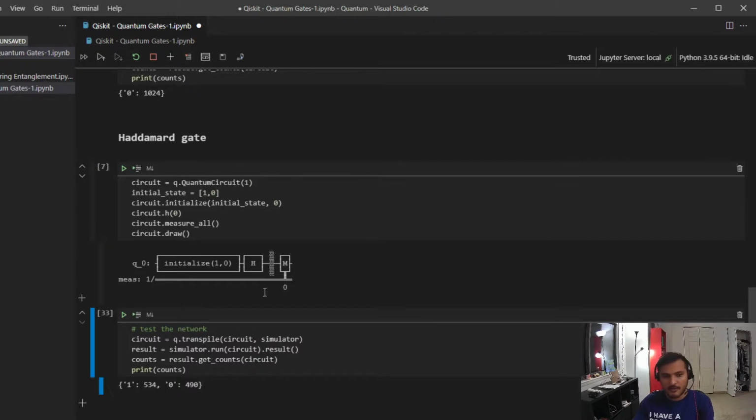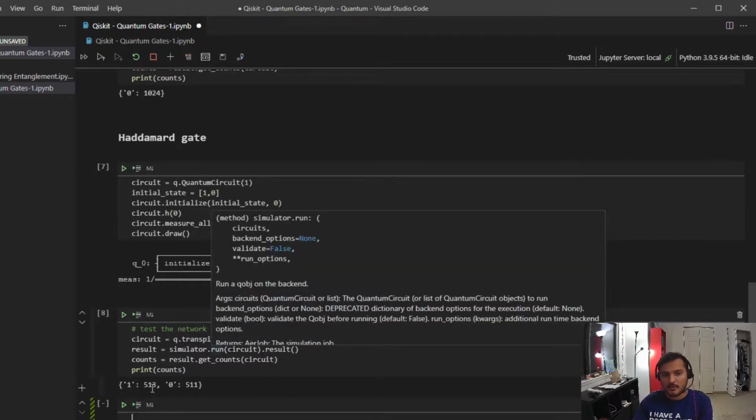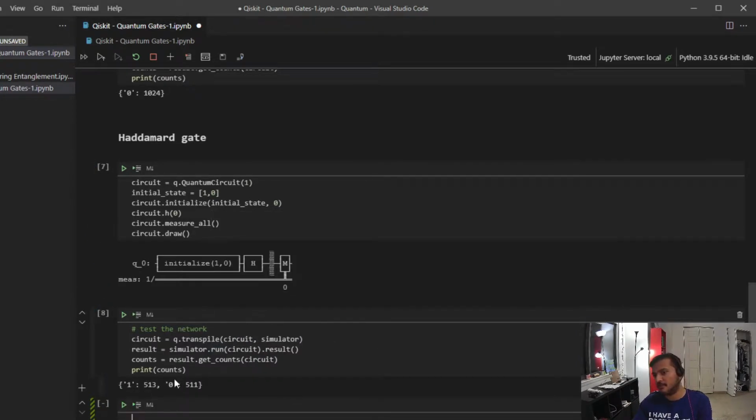So when I run it, you can see both 1 and 0 come up roughly the same number of times. Same should happen if I run it with the state 1, and boom. There is a slight difference. It's because it's a simulator.